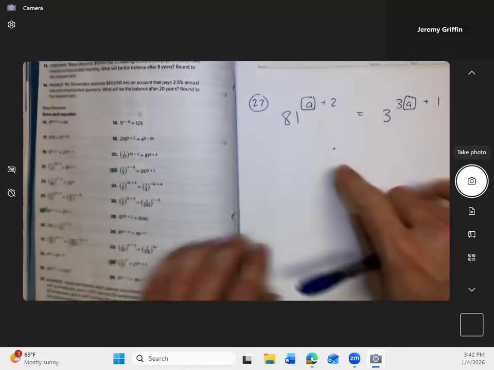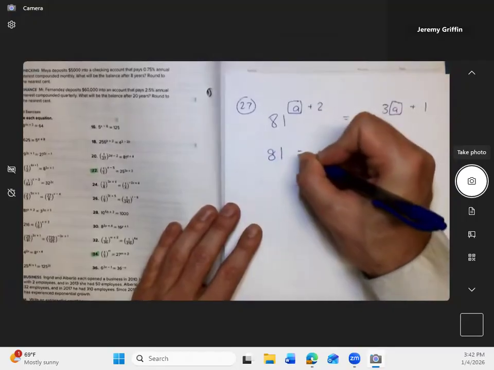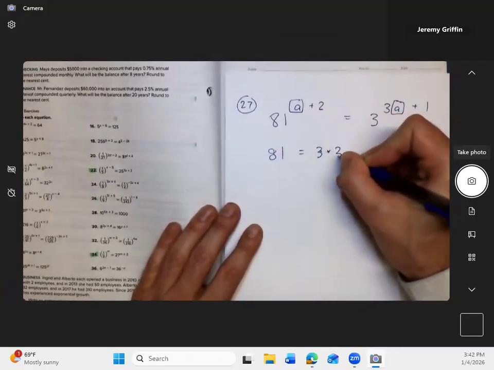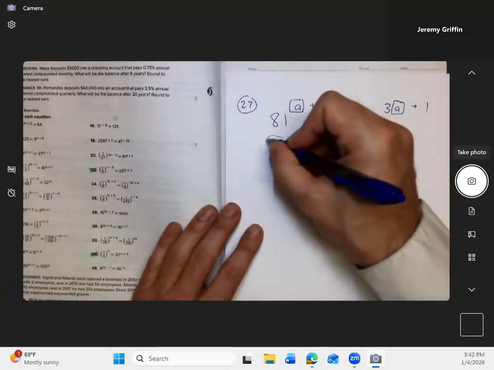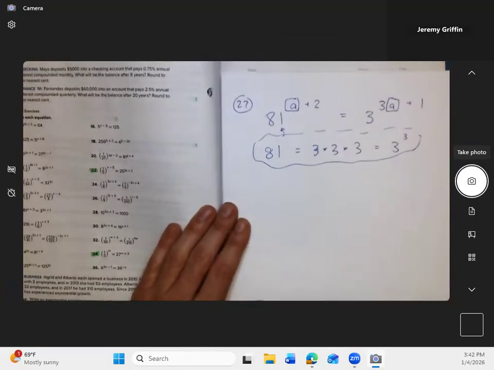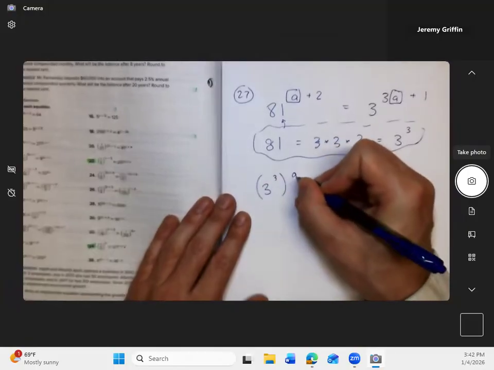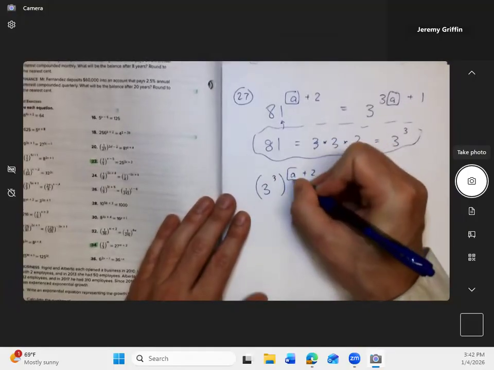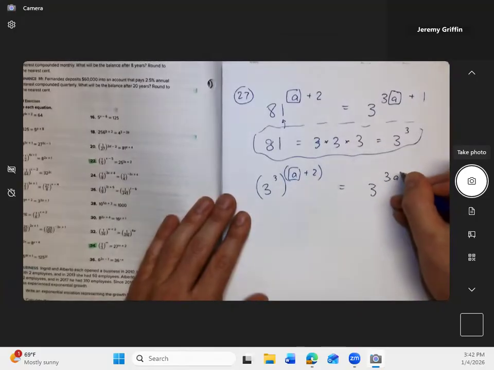And 3 versus 81: I know that 81 is 3 times 3 times 3 times 3, which is 3 to the power of 4. So I can substitute that right there. So 3 to the power of 4, and that's to the power of a plus 2, is equal to 3 to the 3a plus 1.